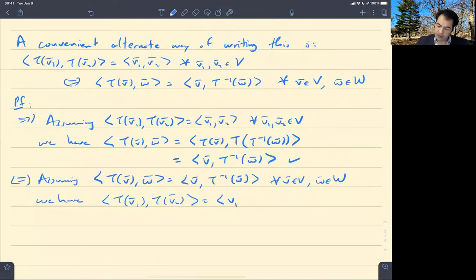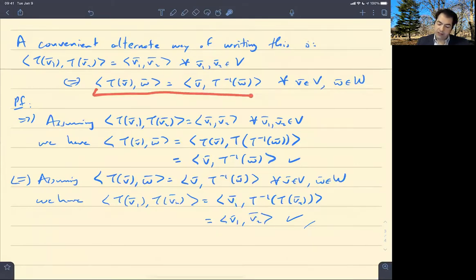So this is the same by assumption as the inner product of V1 with T inverse of T of V2. And that's the inner product of V1 with V2. Right, so that shows this equivalence. So it can be useful to think of an isometry between inner product spaces as an isomorphism satisfying this identity.